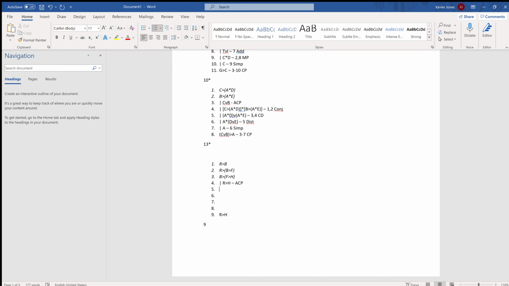So we're going to have our assumed conditional proof. Now, where do we go from if R, then H? If R then B and if R then H. Yeah, I mean, if we use... wait, I'm dumb.